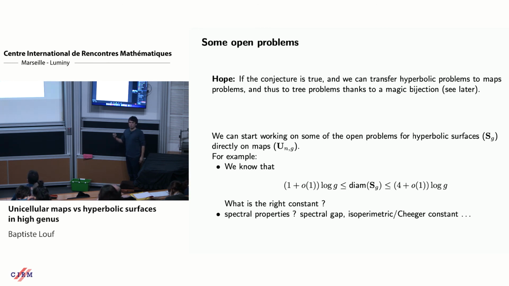But as in random graphs, it's not completely weird to think that it's concentrating around some constant times log g with high probability. So the question is, what is the right constant?